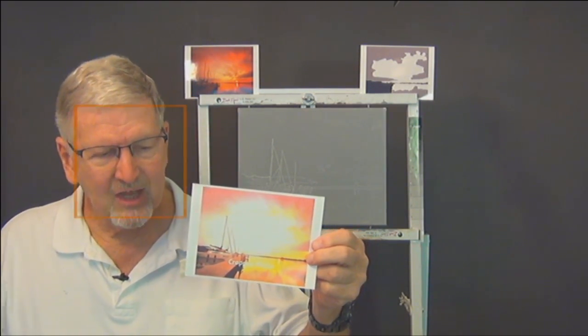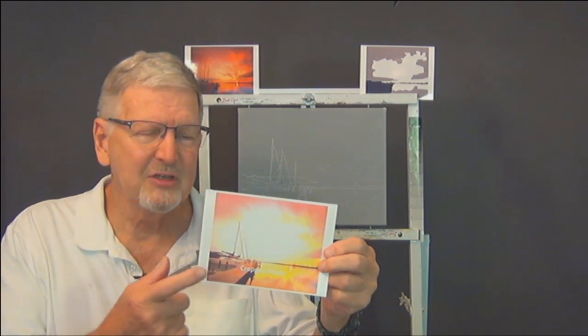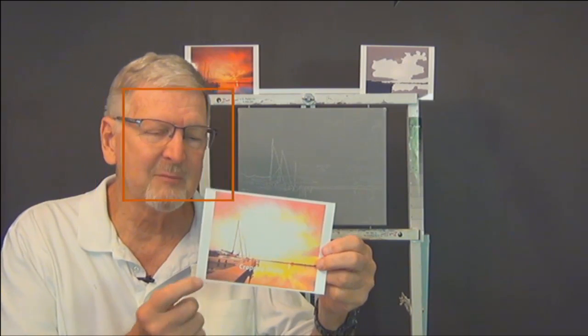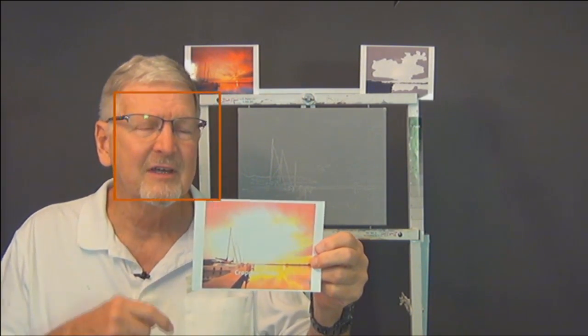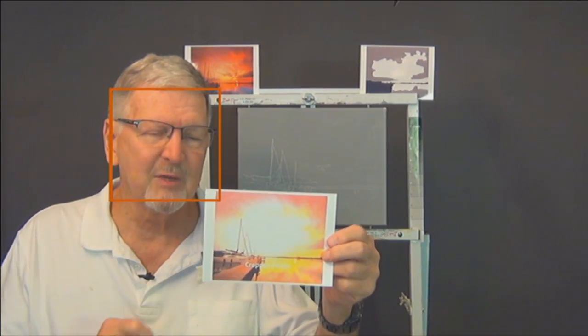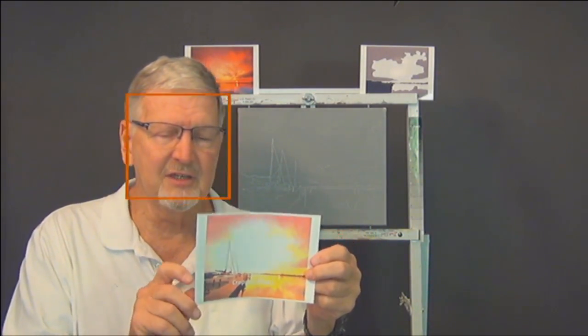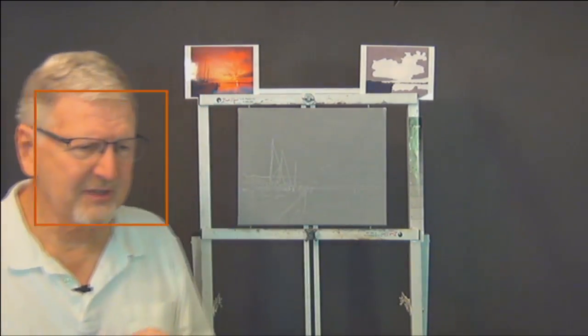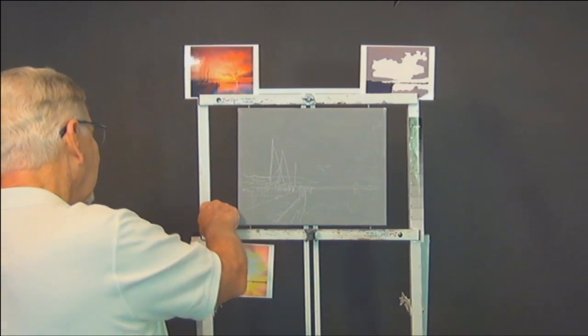But that allows me to see this dark image in the foreground. So I'm going to use that image as an idea. I'm not going to paint it as dark. I'm not going to paint it black like it is in the photograph. But I'm going to use that as my guide to at least see the objects and the shapes that I want to have in the foreground. So anyway, I'll put that on my easel here and have it down here hanging below so I can refer to that.